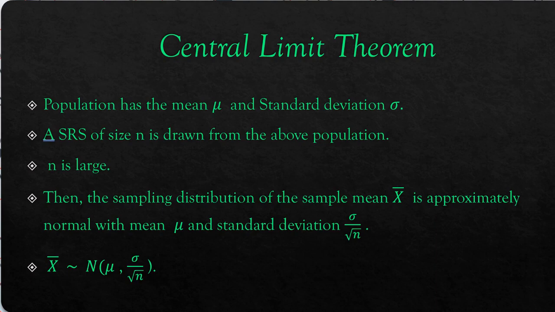In the central limit theorem, like in our previous case, we have a population with the mean mu, standard deviation sigma. A simple random sample of size n is drawn from this population, and if n is large, then the sampling distribution of the sample mean x bar will be approximately normal with mean mu, standard deviation sigma by square root of n.